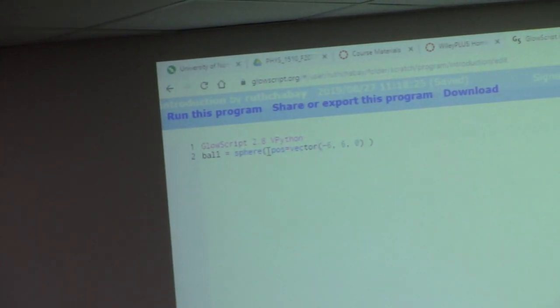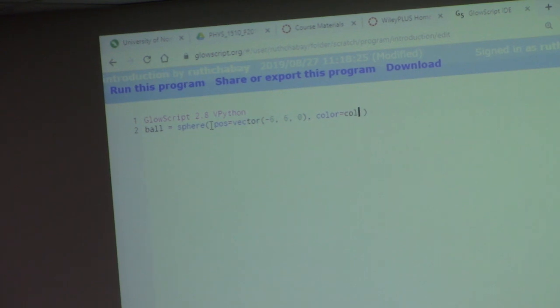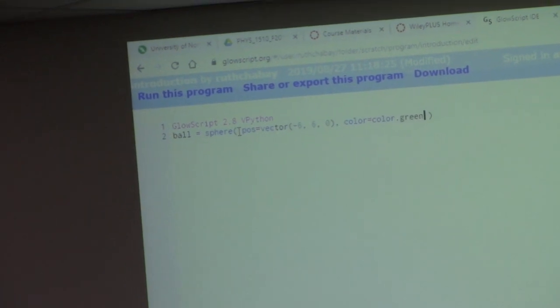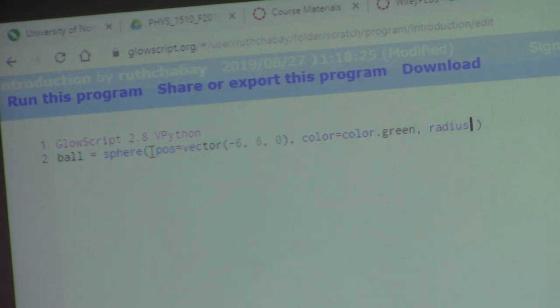So in this 3D coordinate system, we'll make it -6 in the x direction, 6 in the y direction, and 0 in the z direction. And we'll give it a color that's more interesting than white. And we'll make its radius a little smaller.